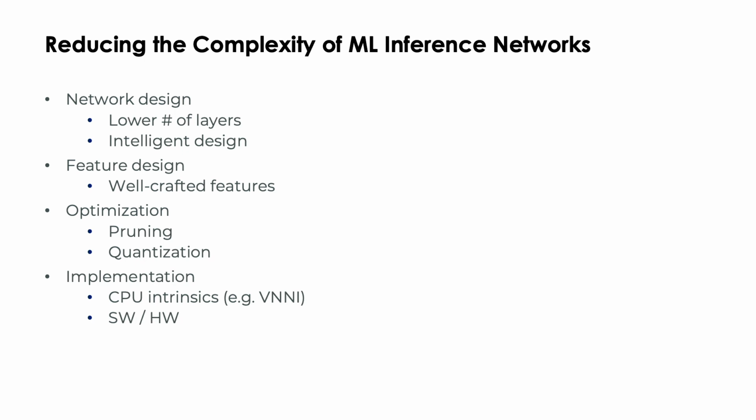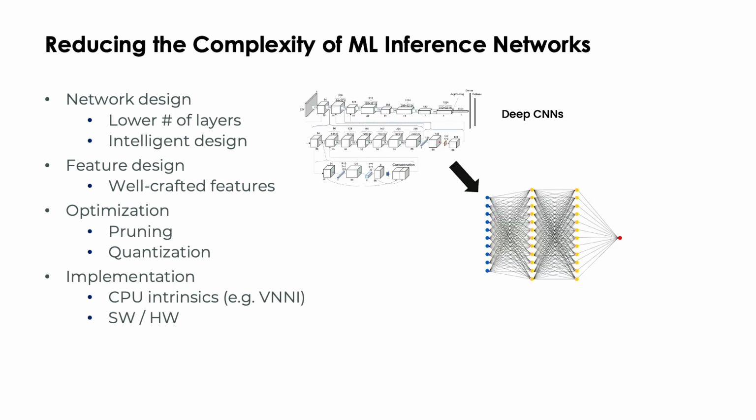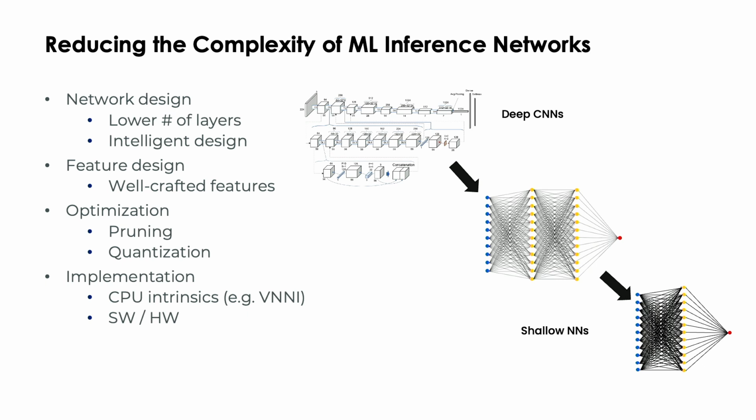Now, we can start from a certain network, and then it's all a matter of simplifying it. So there are many approaches, and again, this is all targeting trying to reduce the computational complexity. So the network design is very important. You want to have a low number of layers. You want to have well-crafted features that you use as an input, and typically in your pre-analysis in the encoder, you will have such features.